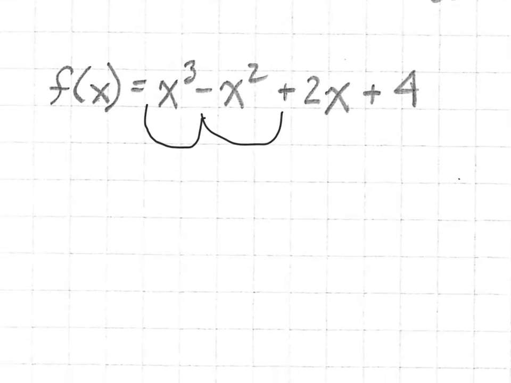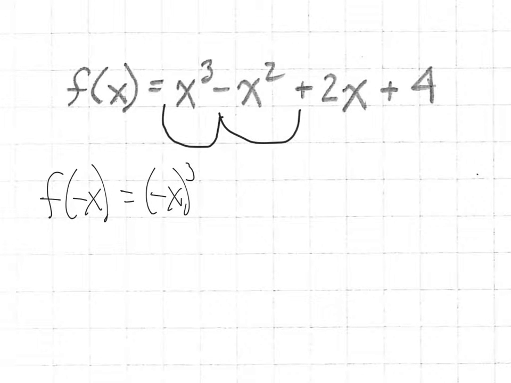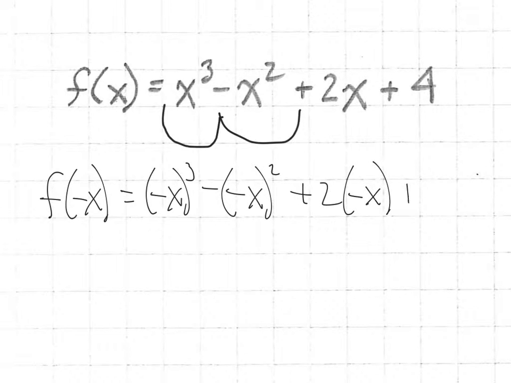All right, now let's look at replacing x with negative x. Okay, negative x cubed minus negative x squared plus 2 times negative x plus 4. Let's simplify that, and we get negative x cubed.